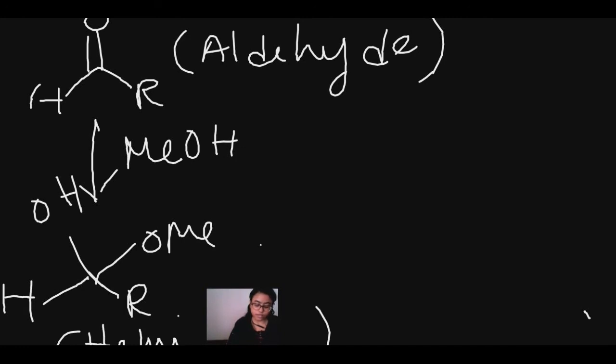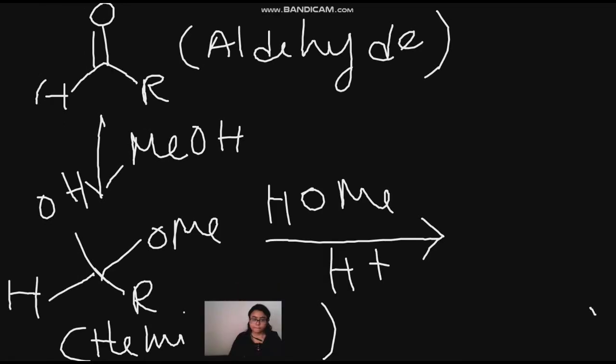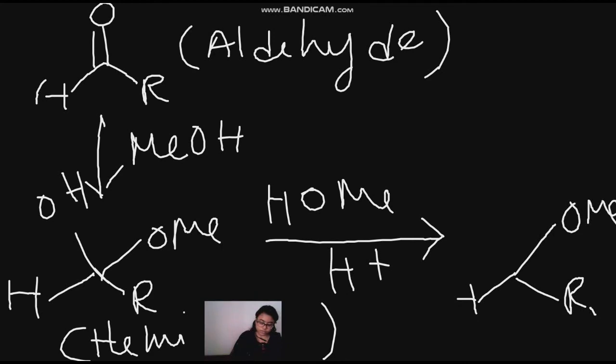Then after adding a second mole of MeOH, so this is the hemiacetal form. Then after adding MeOH with H plus, another mole, we will get acetal, meaning H, R, and two OMe are attached to that center. So this will be called acetal.